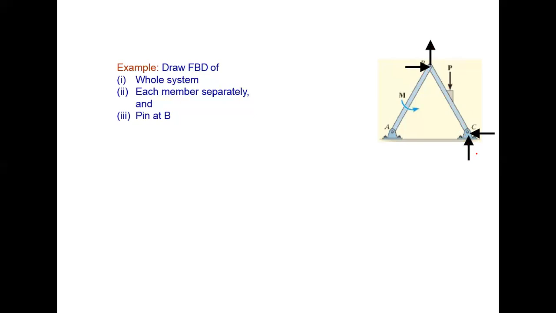Which is logically incorrect, but in mathematics, it is our choice to decide the direction. If we have assigned a wrong direction at any point, we will get a negative sign corresponding to that. So there is no problem. But yes, the direction of this reaction is logically not correct.